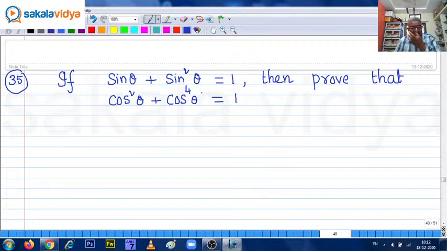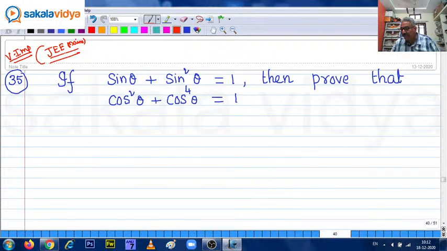This is also very important for all entrance examinations, even JEE Mains and Eamcet also. It's a very important problem, the most important problem.